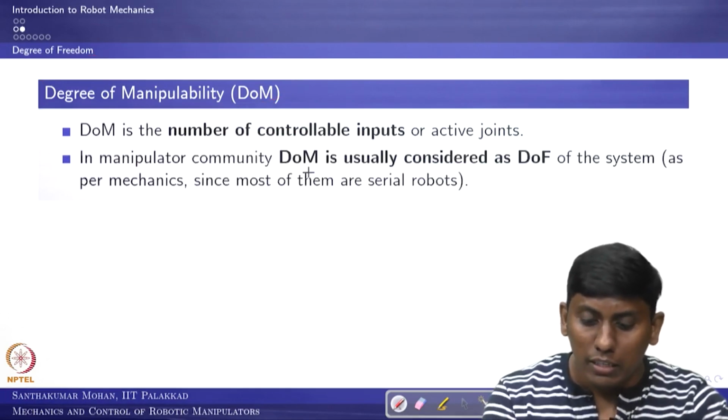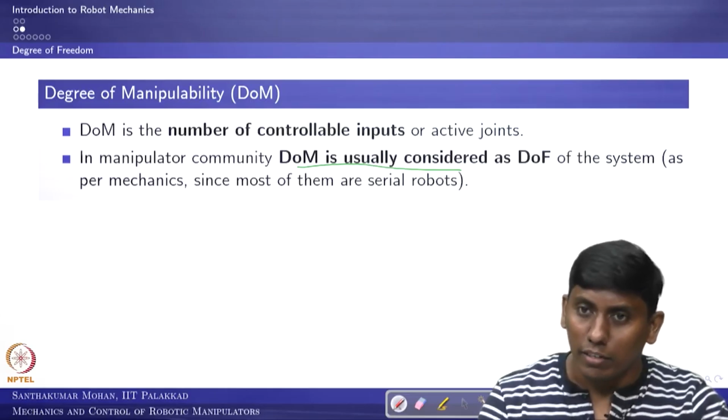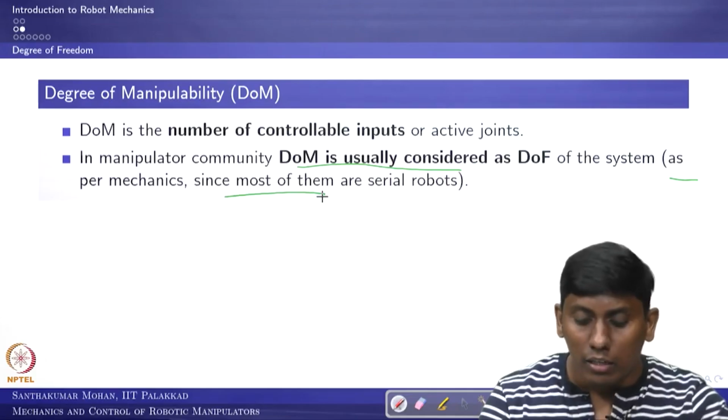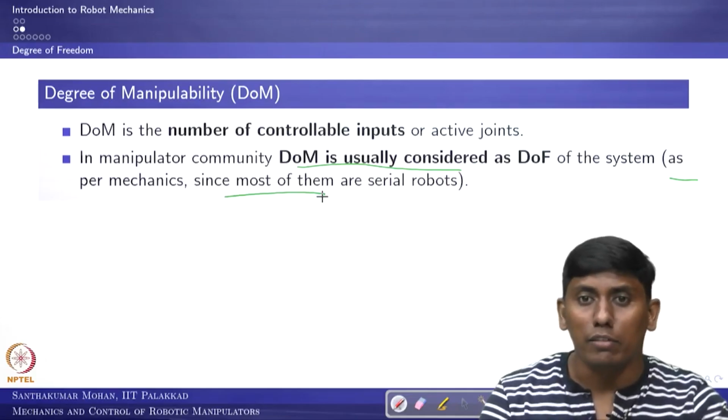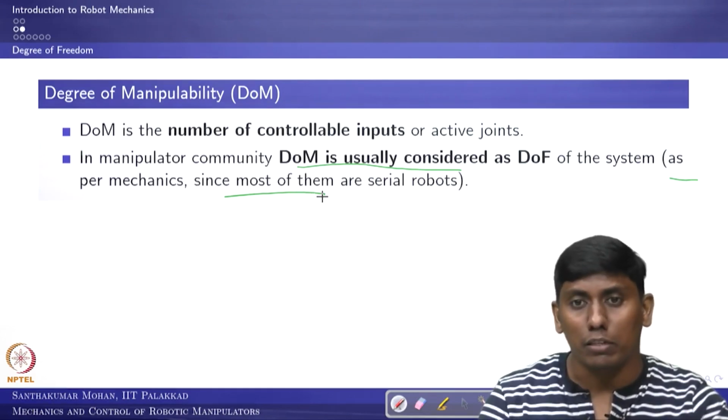Further, this manipulability is, as I already said, usually considered as the degrees of freedom, because as per mechanics most robots are serial, and the number of degrees of freedom is less than or equal to 6, in the sense the controllable axes would be a maximum of 6.